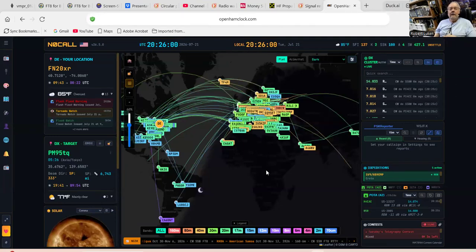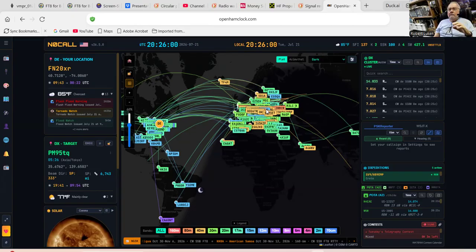Here's a thing I found that I think I sent you a link to. It's called Open Ham Clock, and it's an application that has a lot of useful information. One of the things it shows is spotting of who is reporting hearing signals.